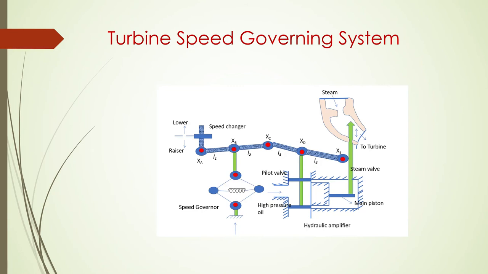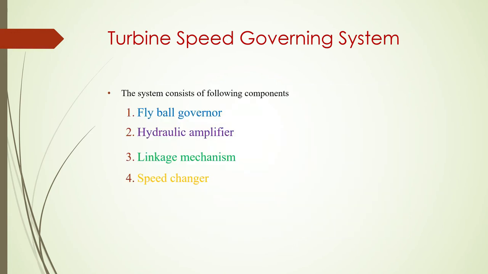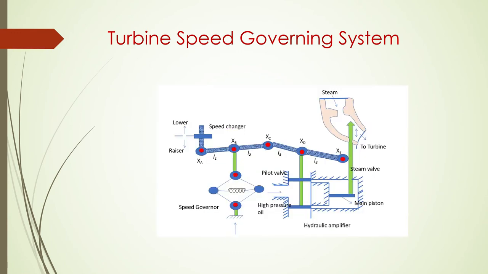So this is the schematic diagram of a speed governing system which controls the real power flow in a power system. The system will consist of the following components: fly ball speed governor, linkage mechanism, hydraulic amplifier and speed changer.